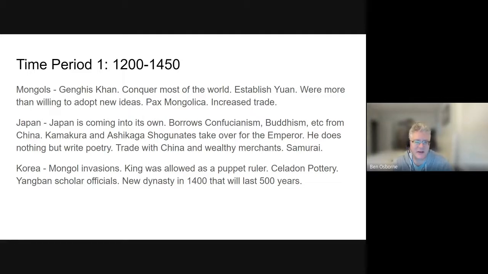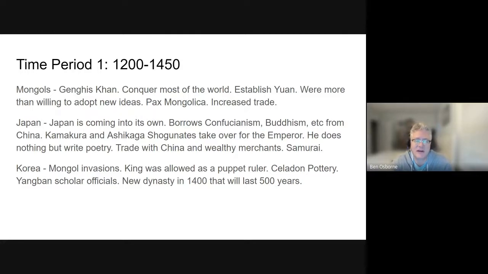Now, 2 other major civilizations here in East Asia, of course, Japan. Japan at this time is coming into its own. It's really only founded about 700 or so, 800 or so. So this is a time period where it starts to develop a little bit of its own ideology, but it's also going to be borrowing a lot from the Chinese. So Confucianism, for example, and Buddhism will also come from China. They are going to change it a bit, right? They're going to make it a little bit different. So for Buddhism, for example, they're going to really emphasize the Pure Land tradition.